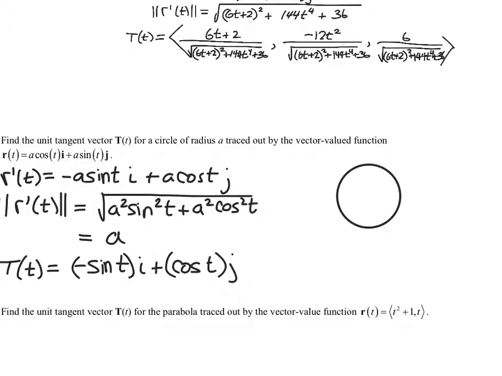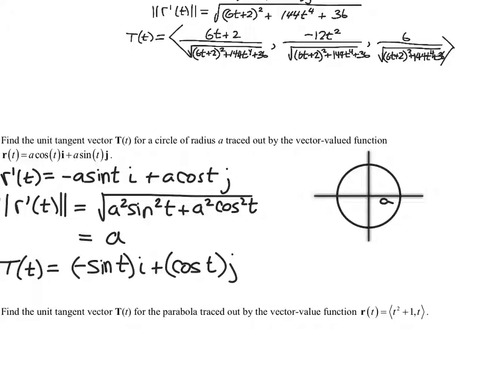So you have a circle with a radius of a. You just draw any generic circle and just scale it so that its radius is equal to a, which is basically just labeling it as a. So what this is telling us is what the direction would be of the tangent line at any point along this curve.